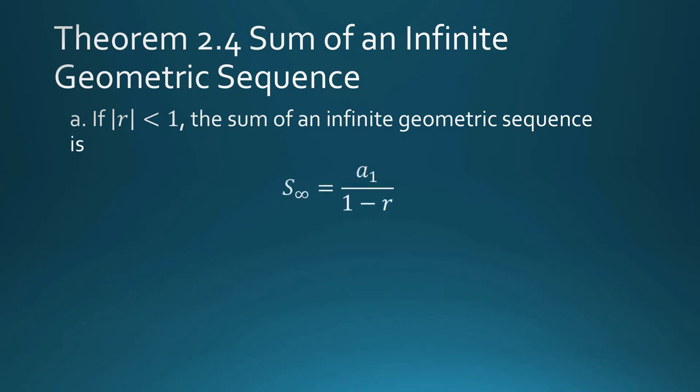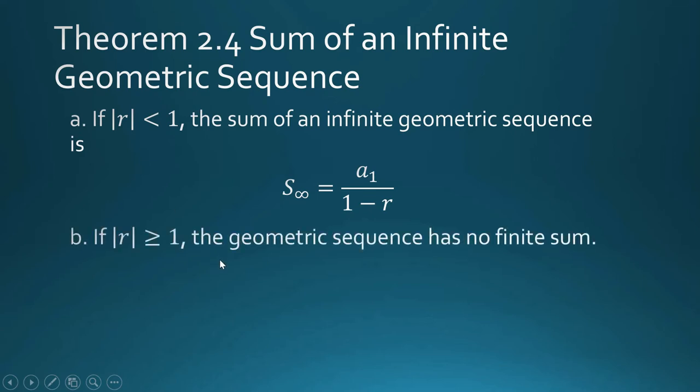It looks simpler, it looks cleaner, because it is just equal to a sub 1 over 1 minus r. But this is true only when the absolute value of the common ratio is less than 1. On the other hand, when the absolute value of the common ratio is greater than or equal to 1, the geometric sequence has no finite sum.